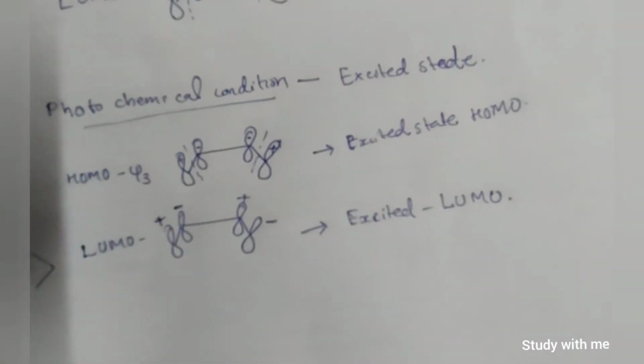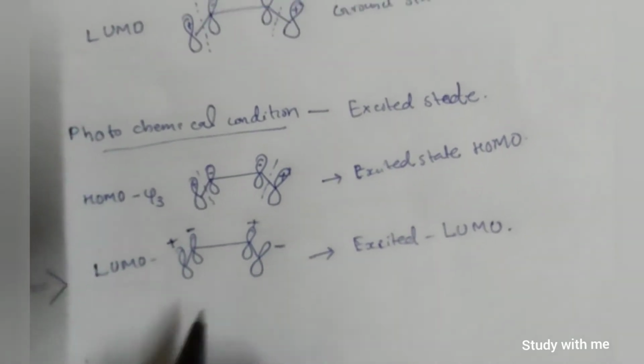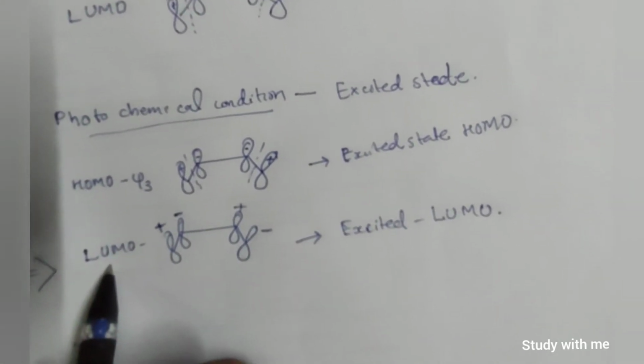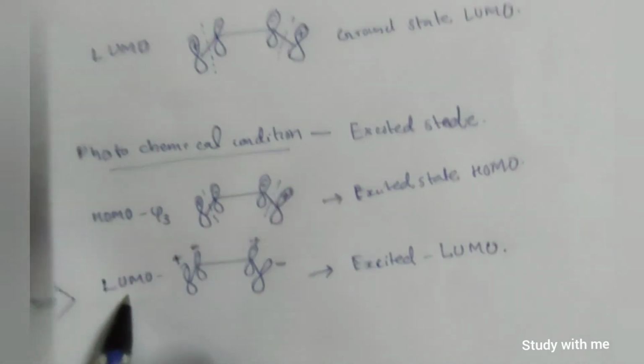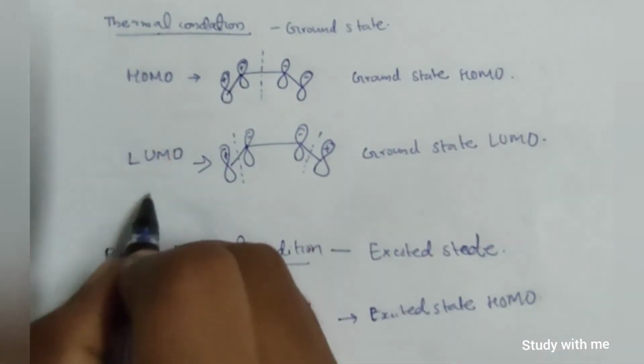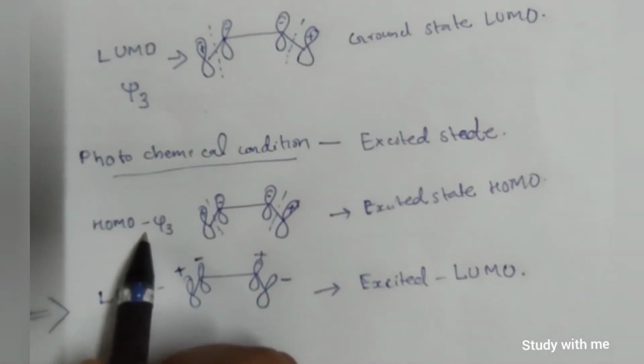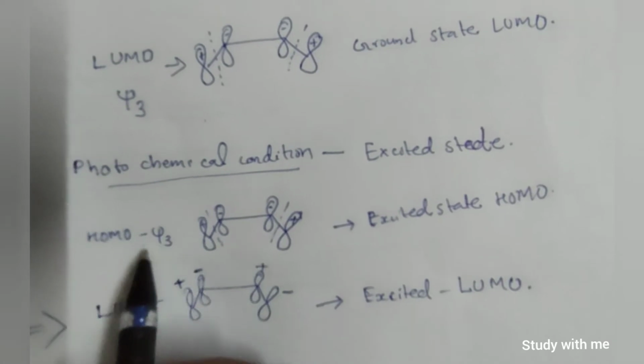And explain why this LUMO can act as both HOMO and LUMO. Here we know that the LUMO of thermal condition is psi 3 and the HOMO of the photochemical condition is also psi 3.